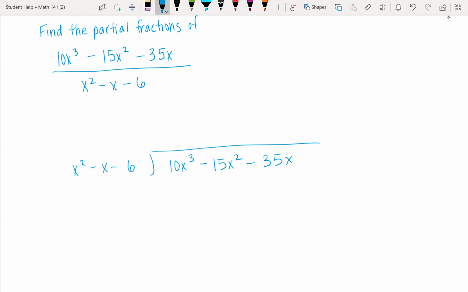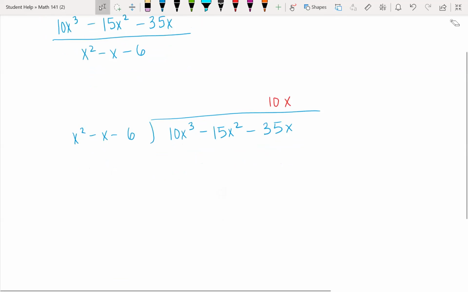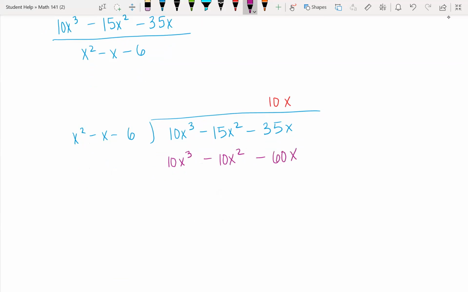All right. So I look at the first number here in the front and I see what do I have to multiply to get this, and I write that above, and it's going to be 10x. So I'm going to write that above the degree that matches, and then I'm going to multiply each of the items in the divisor by 10x, and then I'll subtract. So I'll have 10x cubed and then minus 10x squared, and then minus 60x.